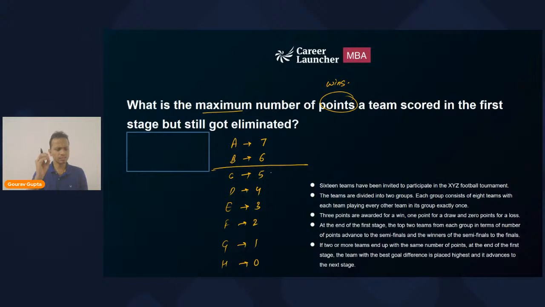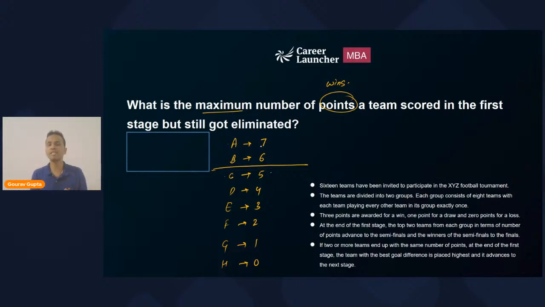Okay, so this is clearly in front of us, right? But we want to maximize the number of points a team scored. Here I have assumed that A has won all the matches. So let's assume further that the match between A and C, which I assumed A won, let's reverse the result.